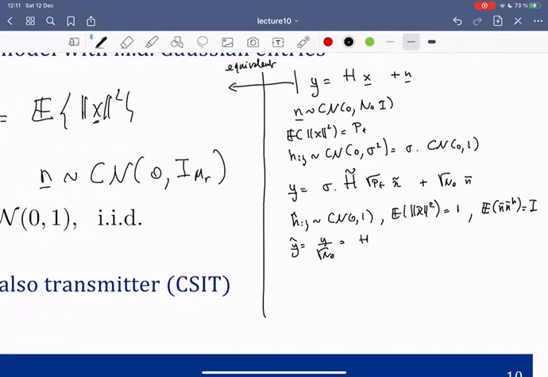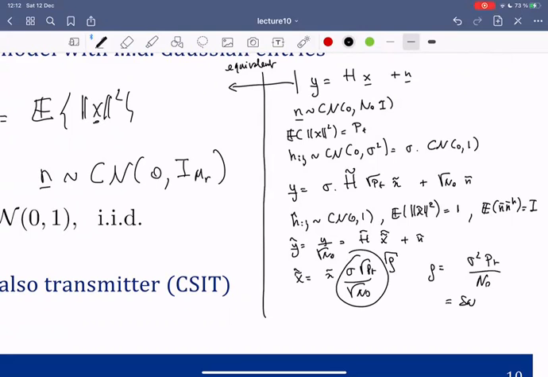And this is then H tilde times x tilde tilde plus n tilde, where H tilde is as before, and now x tilde tilde is equal to x tilde times sigma times square root of P_T over square root of N_0. And this thing I will call, oh sorry, square root of rho. So rho is equal to sigma squared P_T over N_0. And this is clearly a measure of the signal to noise ratio.